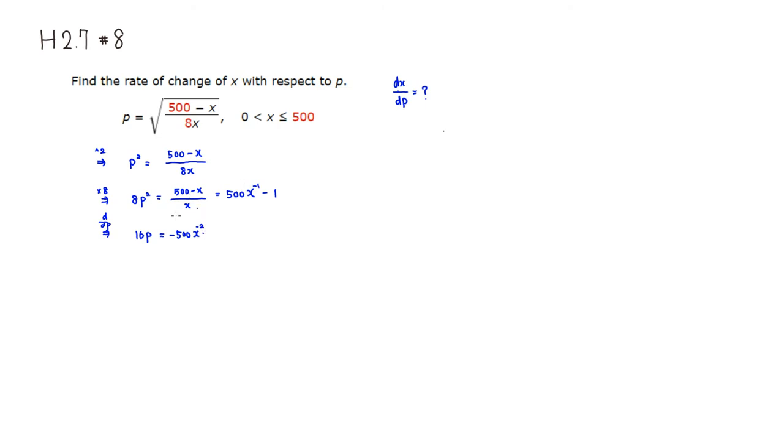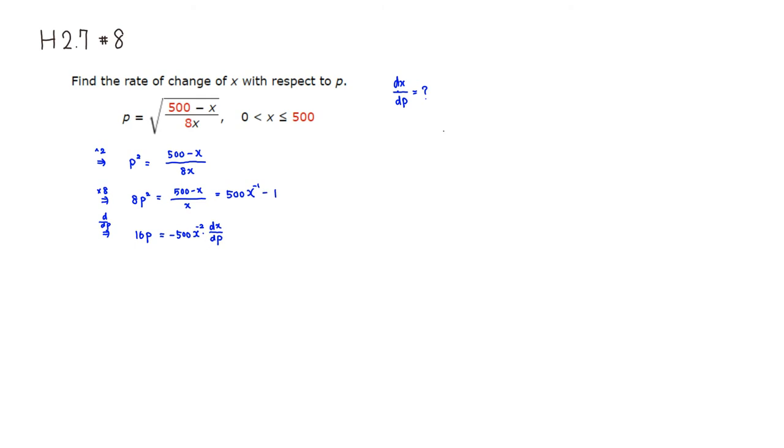But since we are taking a derivative with respect to p, we have to multiply by dx over dp. Then the derivative of negative 1 is going to be 0, since negative 1 is a constant.